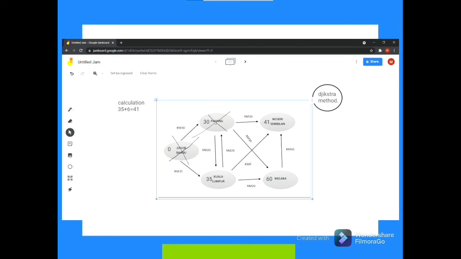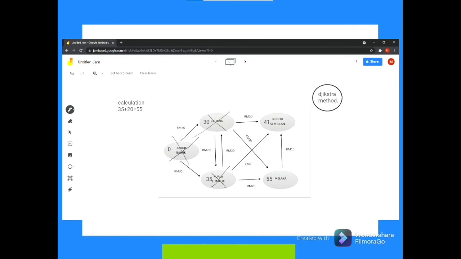Next, we count from Johor Bahru to Kuala Lumpur to Melaka. So 35 plus 20 is equal to 55. So we change Melaka to 55. So we mark Kuala Lumpur as visited.